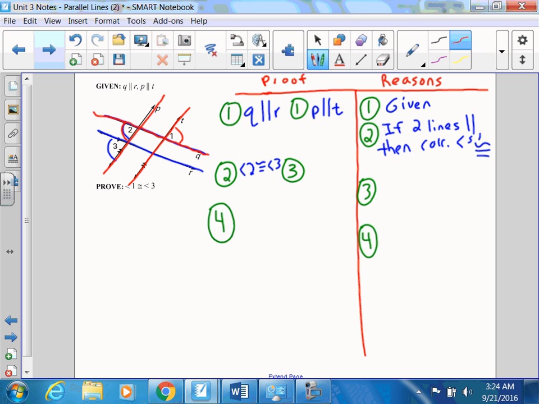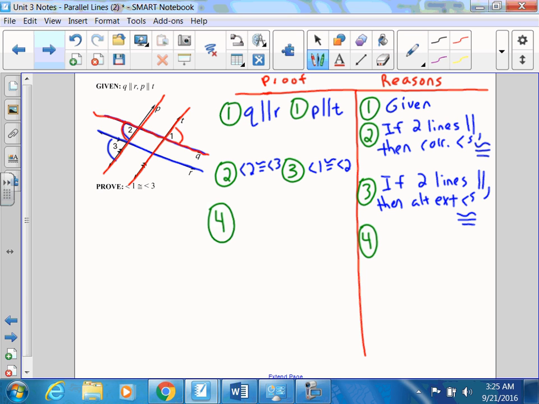And that's because they're alternate exterior angles. So that would be step 3. Angle 1 congruent to angle 2. The reason, if two lines parallel, then alternate exterior angles are congruent.